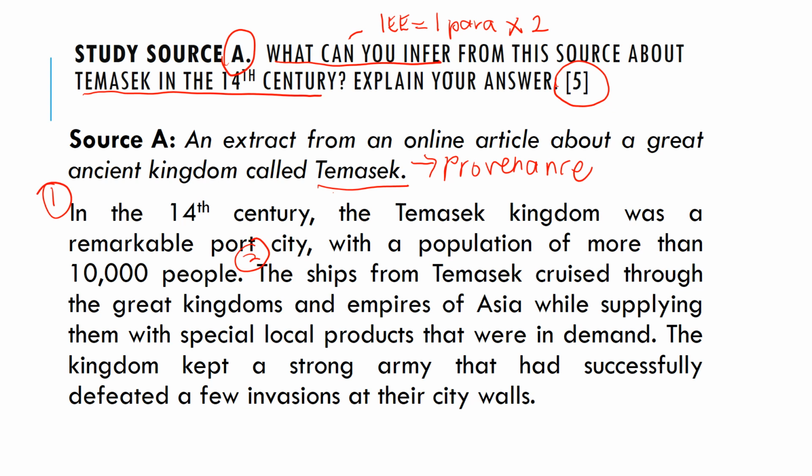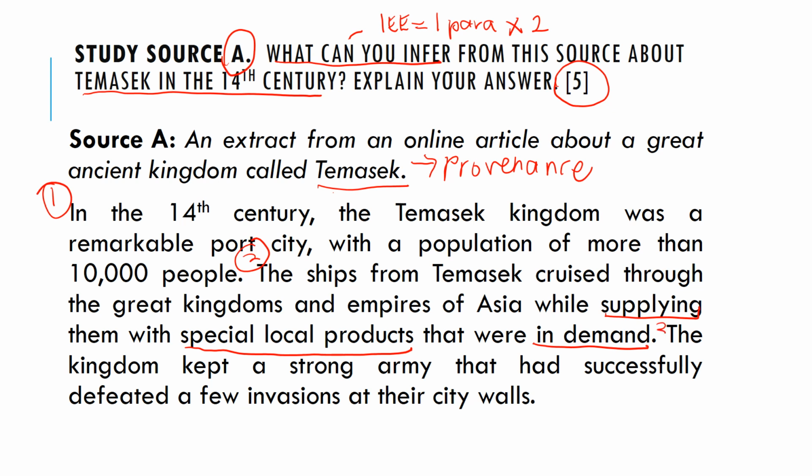So what it is saying is there were ships from Temasek sailing across many different kingdoms in Asia, and Temasek was supplying those kingdoms with special local products. Means these products are only found in Temasek and therefore they were in demand.